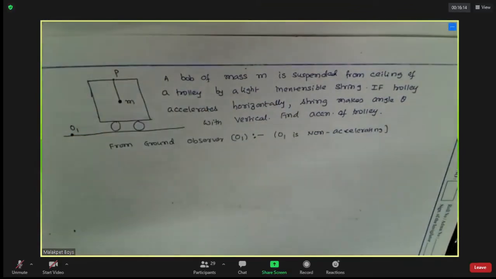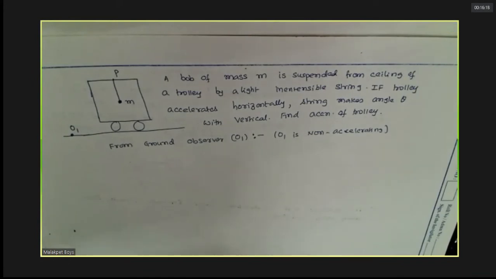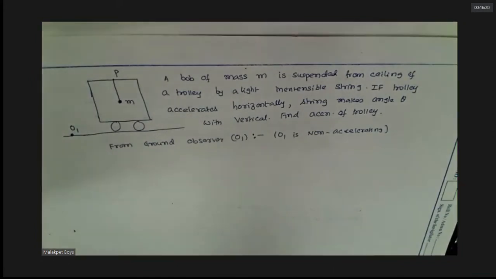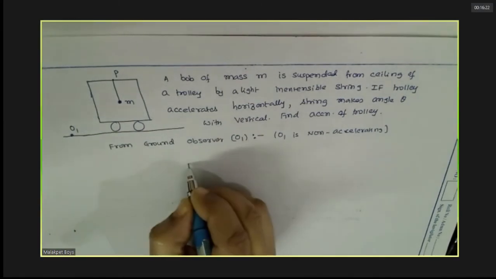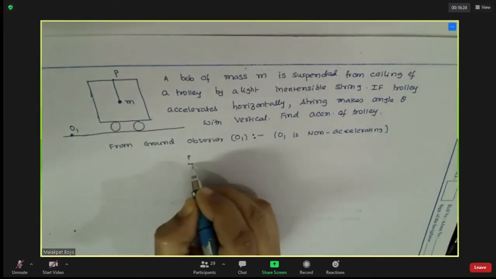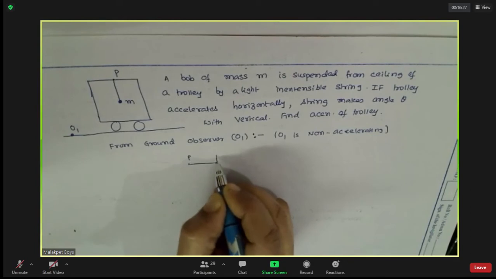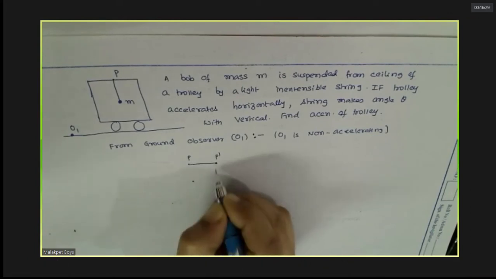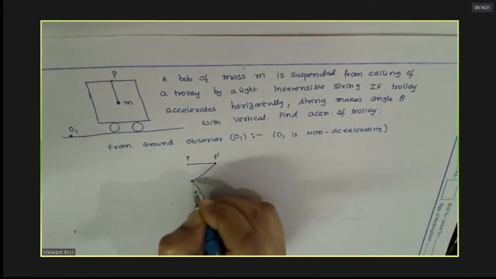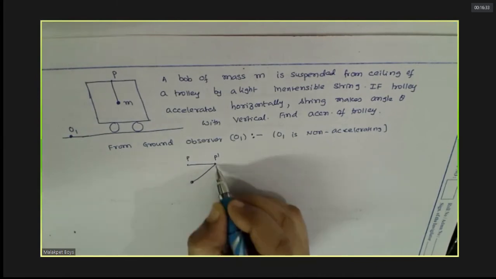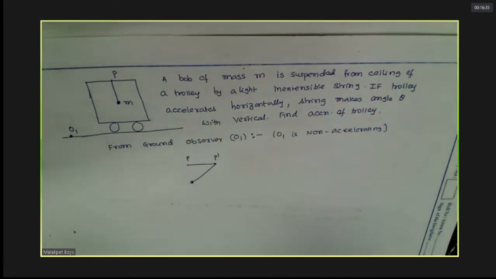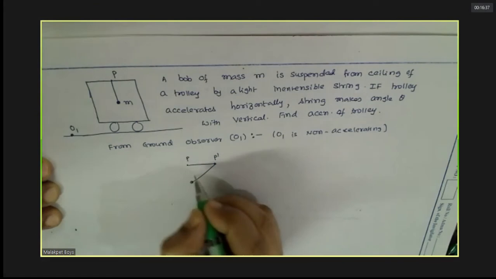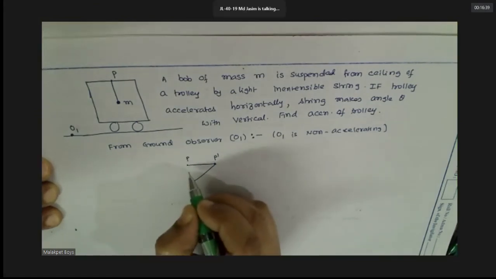What will move first? The trolley will move. Due to this, point P will first move. The bob will not move immediately. Now the bob will be like this. Understood this? Followed?